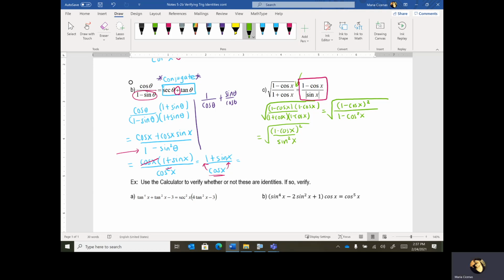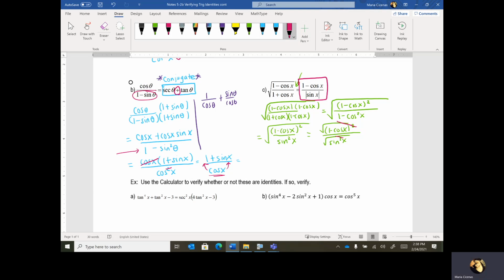So far I've just ignored the square root, so I didn't let it freak me out. But now that I have everything simplified into a numerator and a denominator that both have a square, and you wouldn't have to write this step, I'm just making sure you see it, you can break apart the numerator and denominator and take the square root of each.